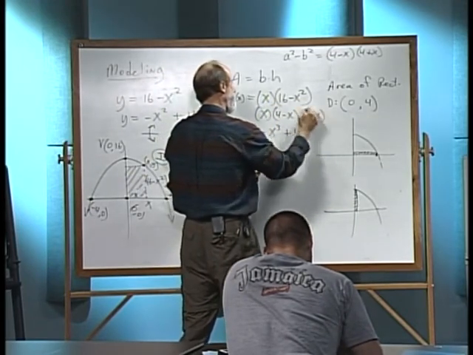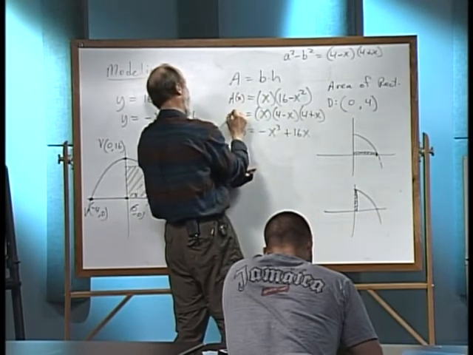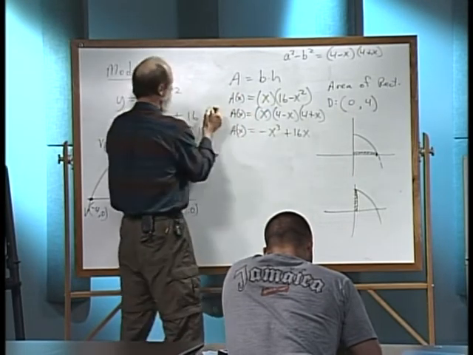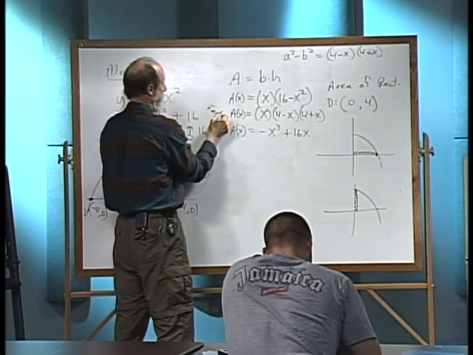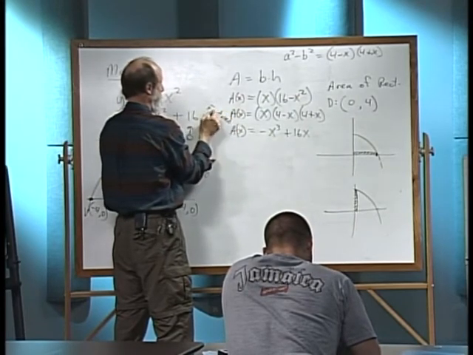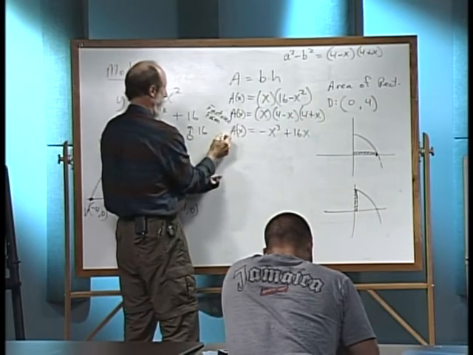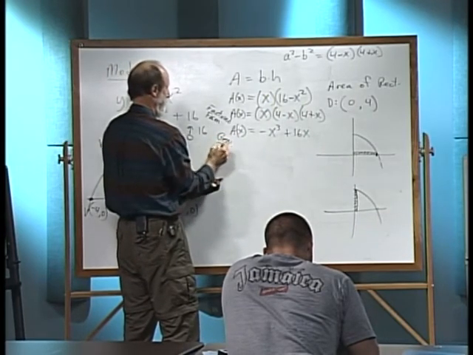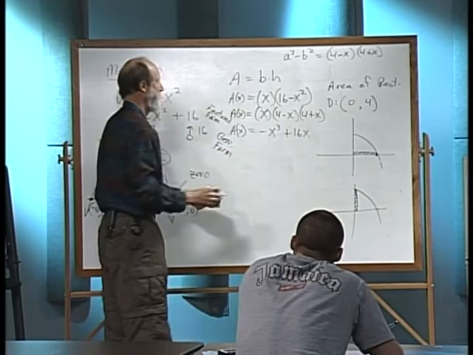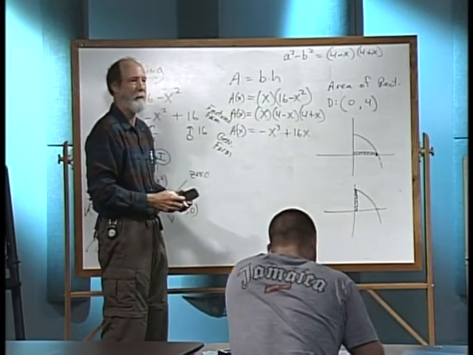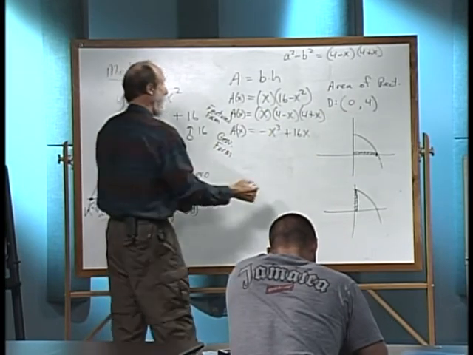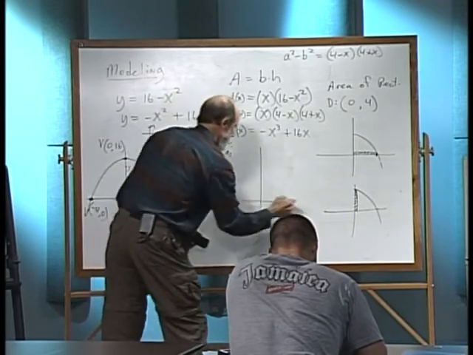And so this is called the factored form. This is the factored form. This is called the general form. Okay. All right? So let's draw a quick picture of this.